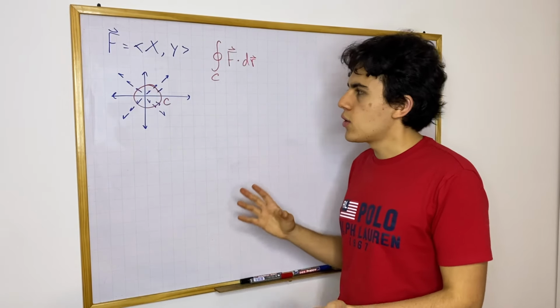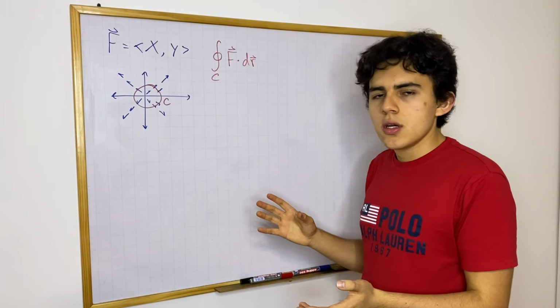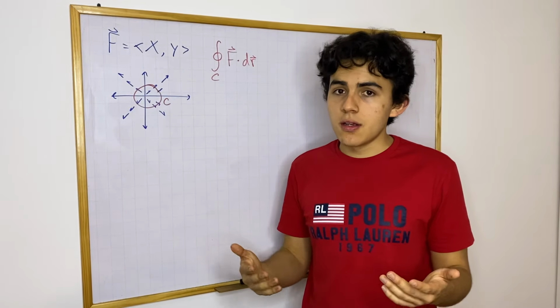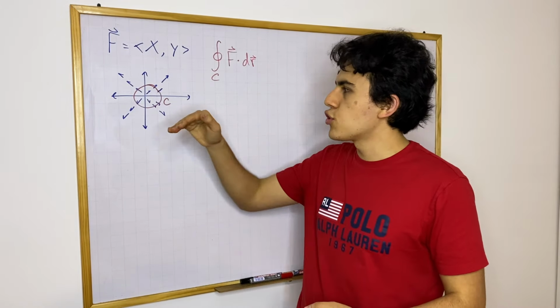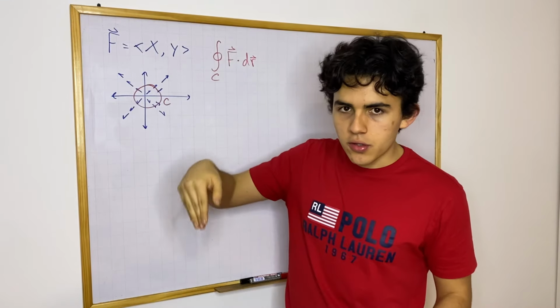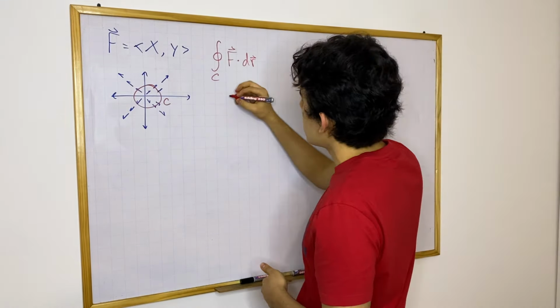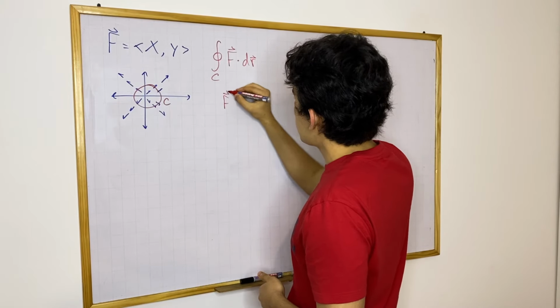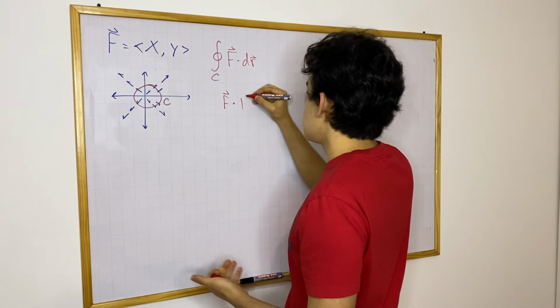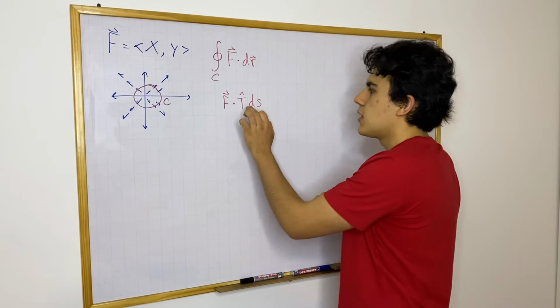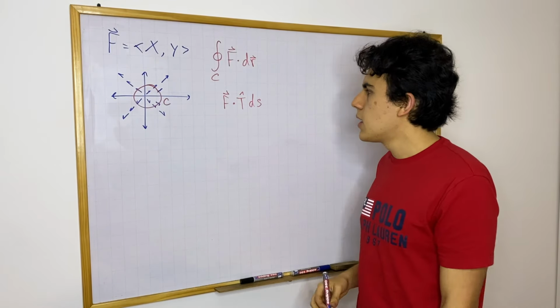And when we say circulation, we mean what cumulative portion of this vector field goes along this curve, okay? Remember that there are many ways to write F dot dr, but most people write F dot T hat times ds.